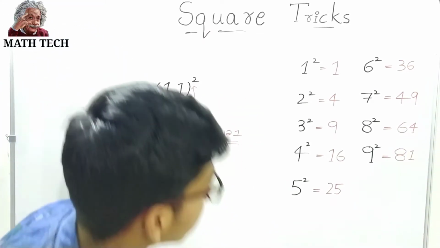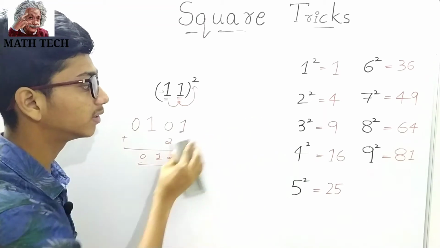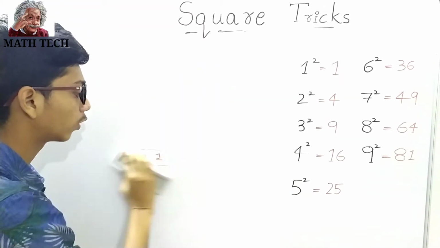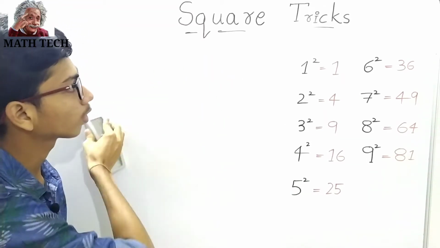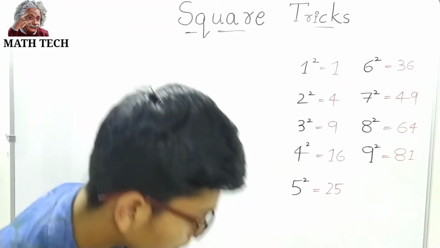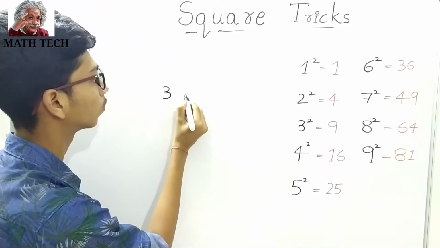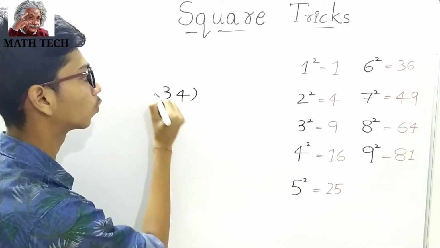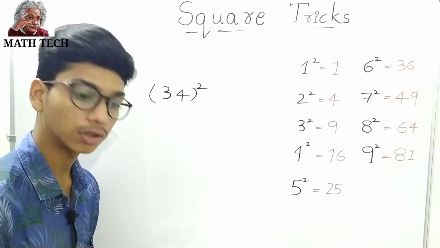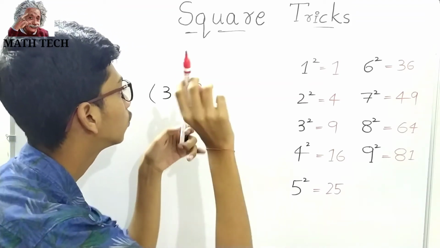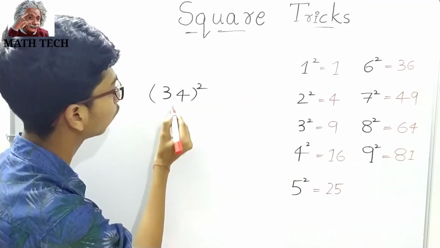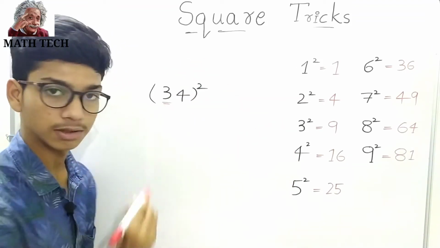Let's take another example to see how this trick works. Let us take a random number, 34 square. To find 34 square, first choose the tens digit term.